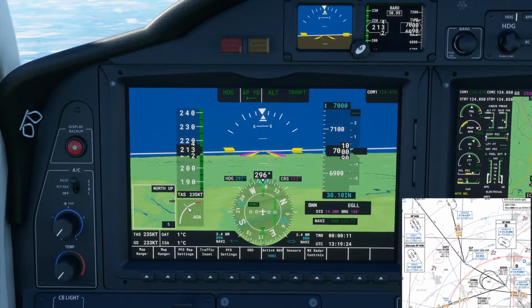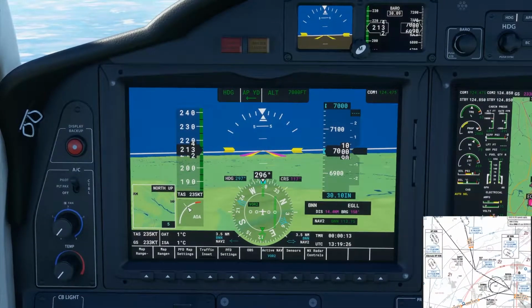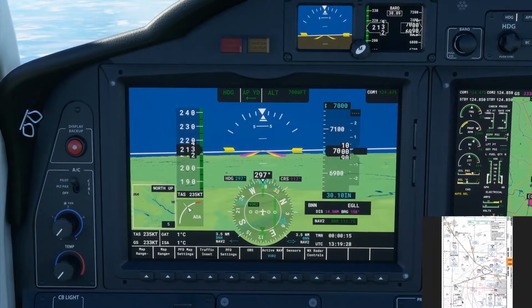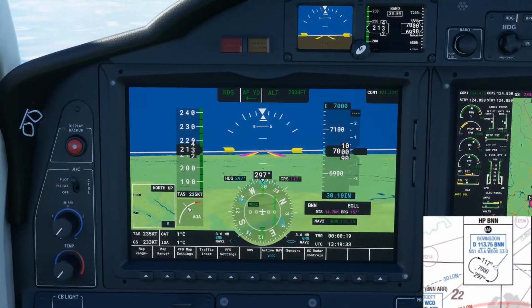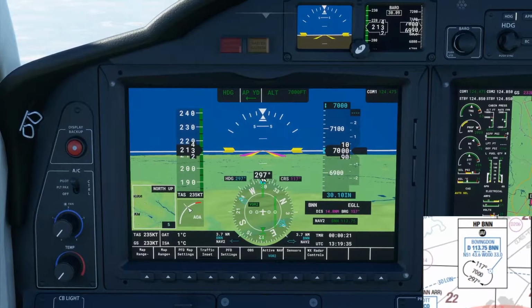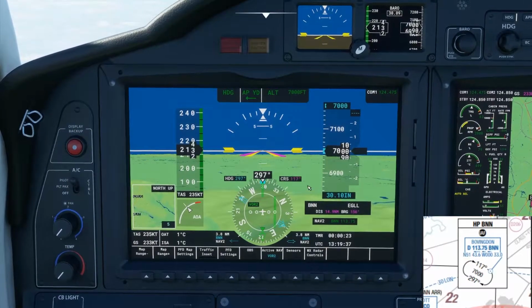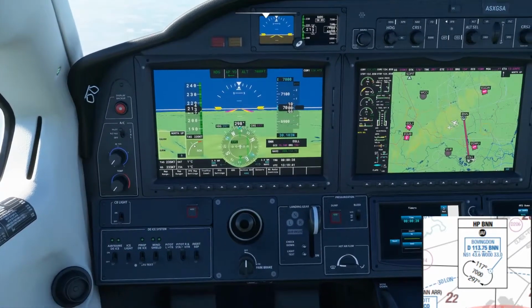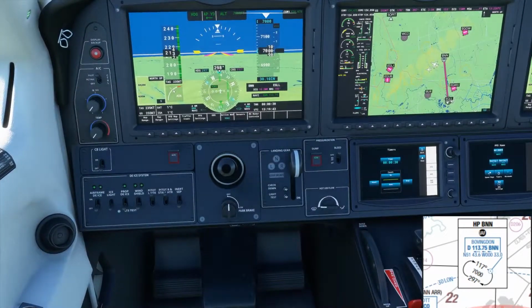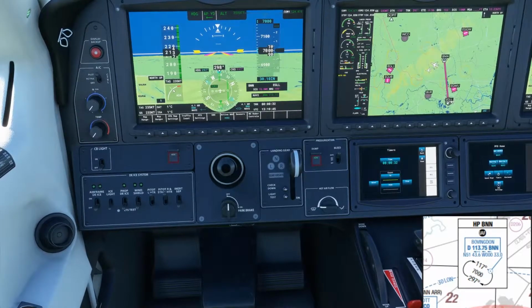I'll make this chart a bit smaller. All you'll need to see is the holding pattern. So there it is. So now we're just waiting to get to 1 minute, so we're at 26 seconds. 32 seconds.